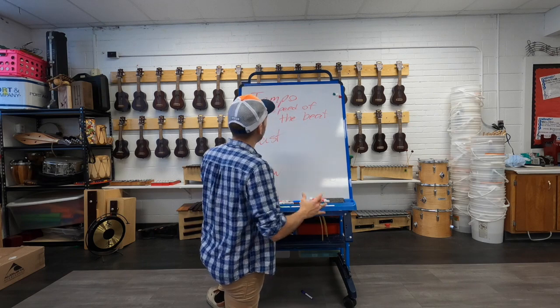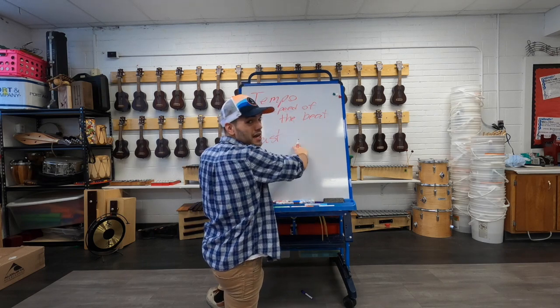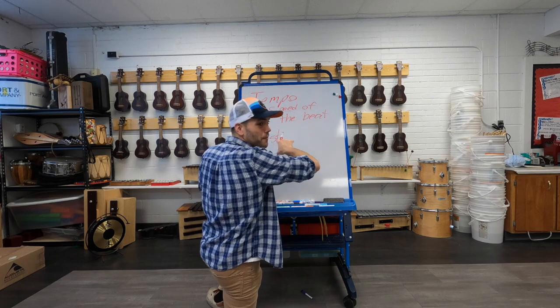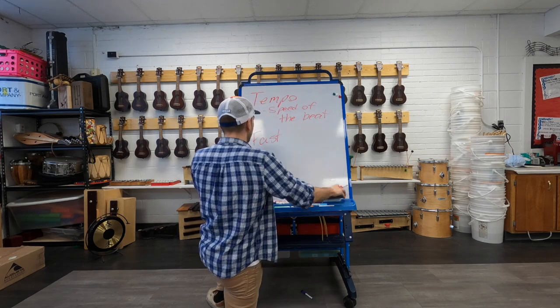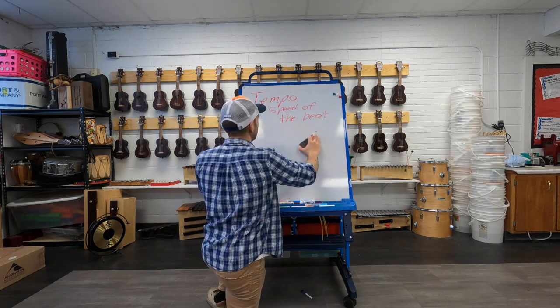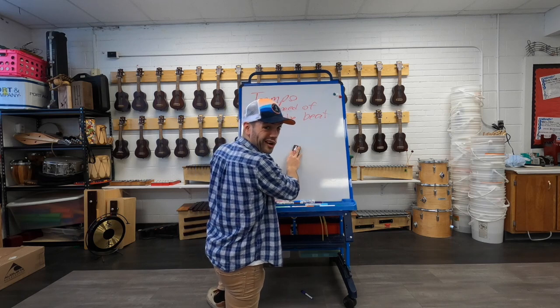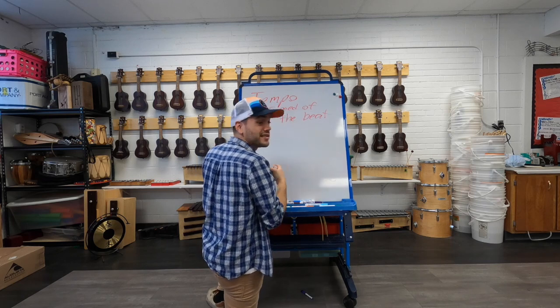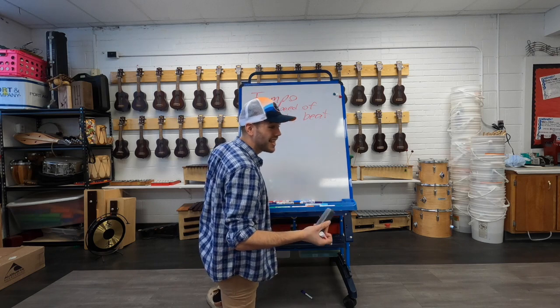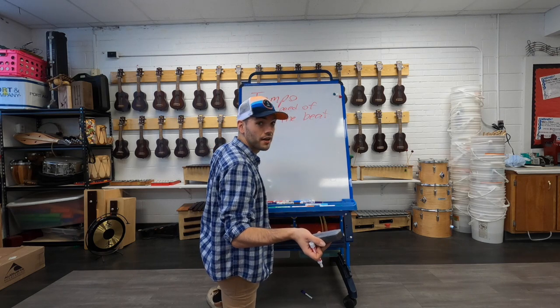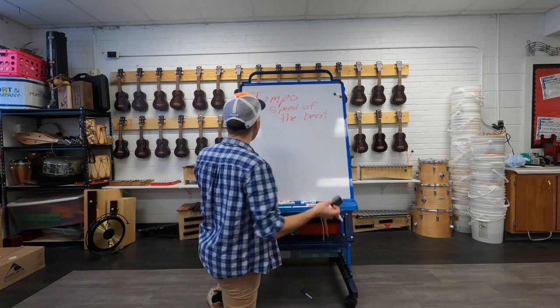But the main thing is that you know that tempo is the speed of the beat. So we have to listen for if the speed of the beat gets faster or slower over the course of our song, because we know that a steady beat is supposed to stay the same, right? Yeah, exactly.